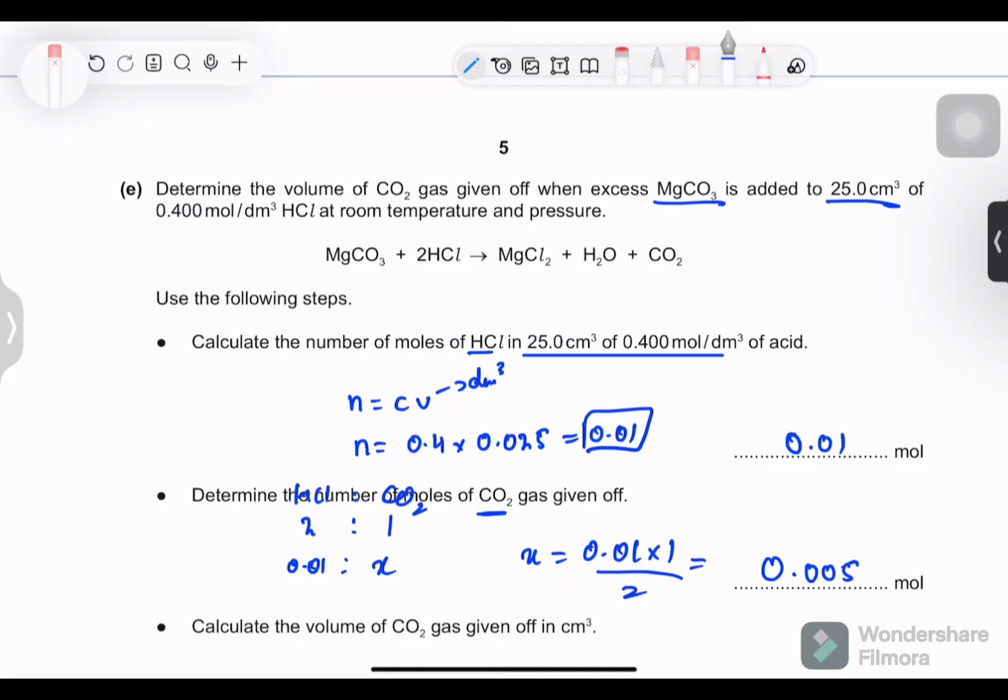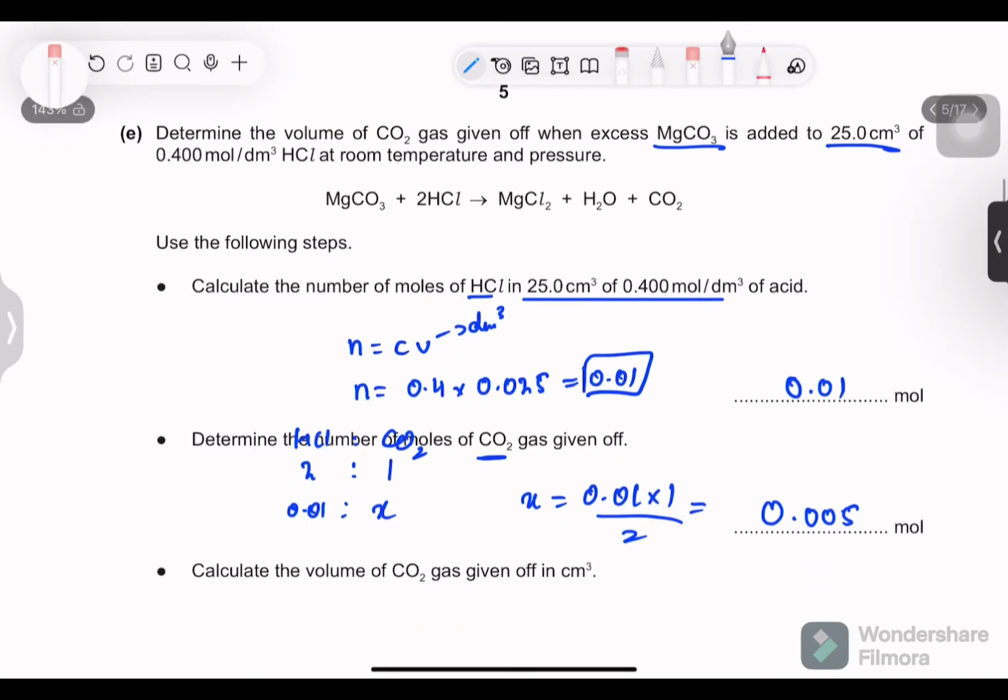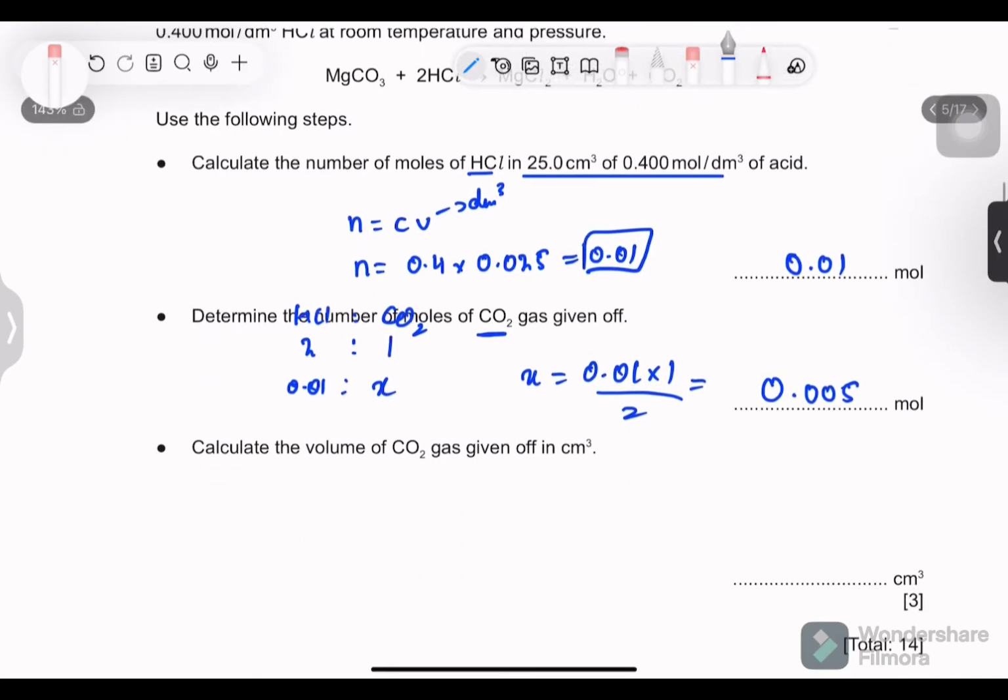Next, calculate the volume of carbon dioxide given off in cm cube. Okay, let me take it from the basics. The mole equals volume in dm cube over 24 dm cube, because every gas occupies 24 dm cube in every 1 mole of gas. Hear me out. 1 mole of every gas occupies 24 dm cube.